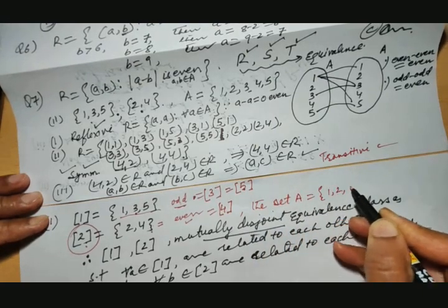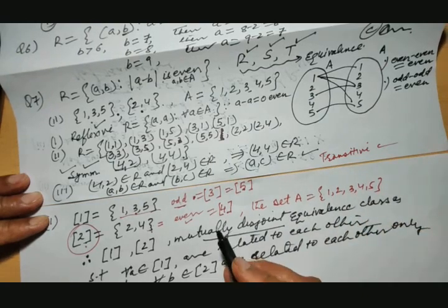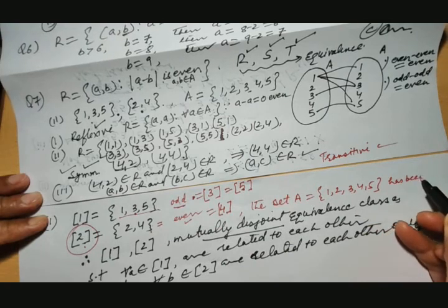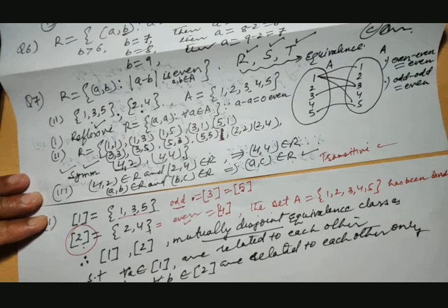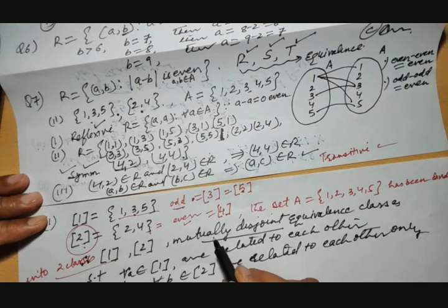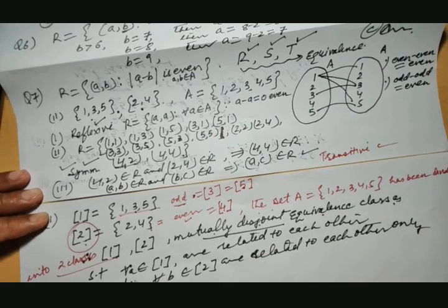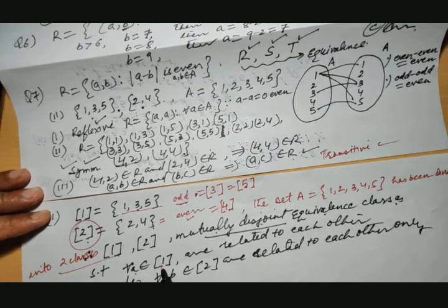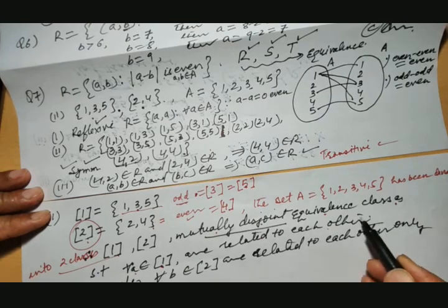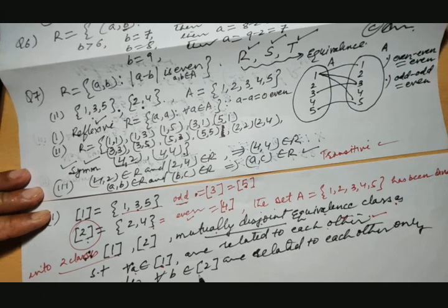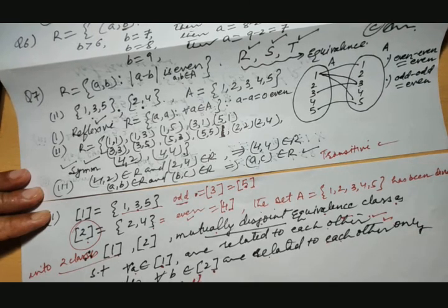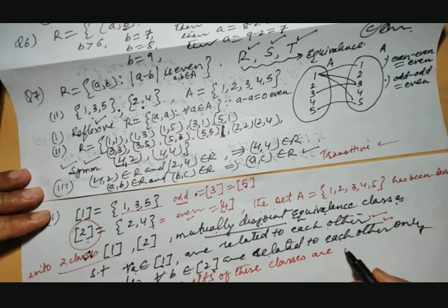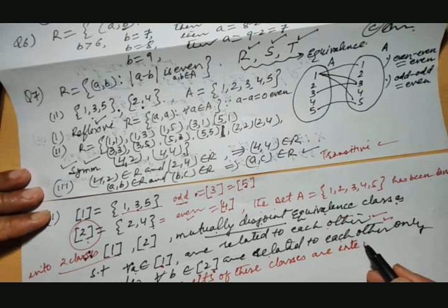which was having these elements 1, 2, 3, 4, 5, has been divided into two classes, and these are mutually disjoint equivalence classes, and all the elements A which belong to this equivalence class are related to each other, and all the elements B which belong to the equivalence class 2 are related to each other, and no elements of these classes are interlinked.